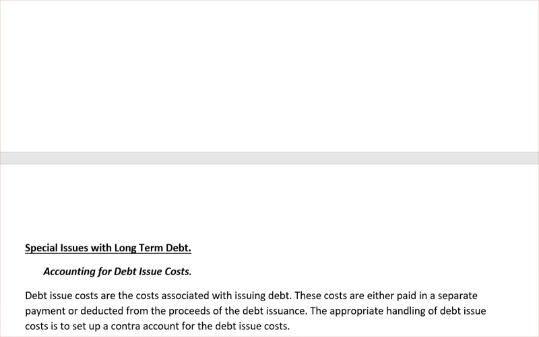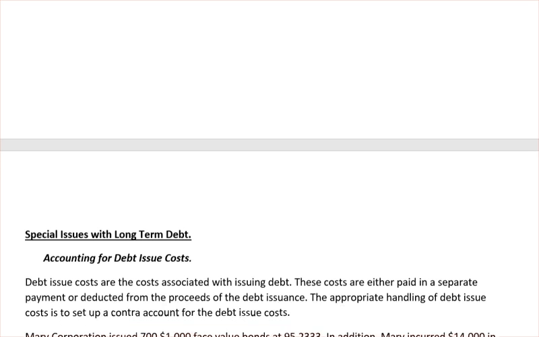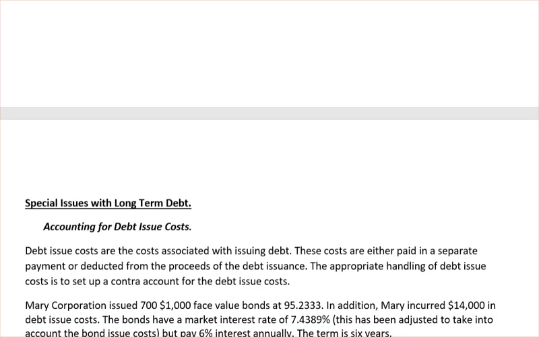In other words, required GAAP is going to say that you should take the debt issue cost, in this case $14,000, and you should show that as an additional discount. So in this case, they issued 700 $1,000 face value bonds at 95.2333.